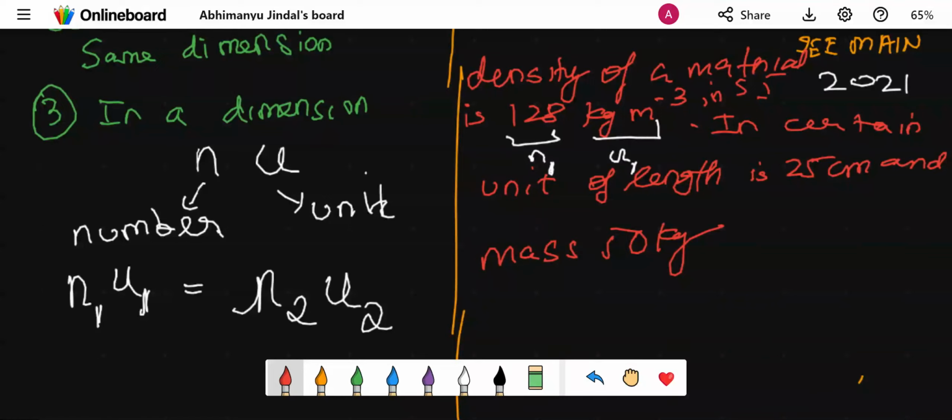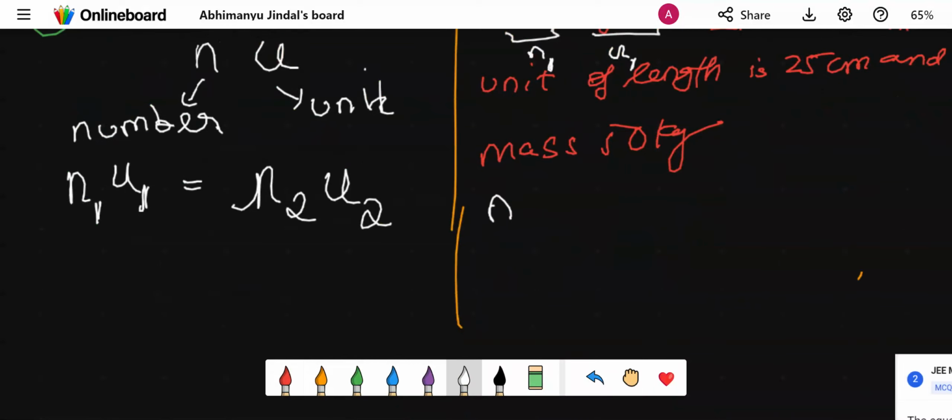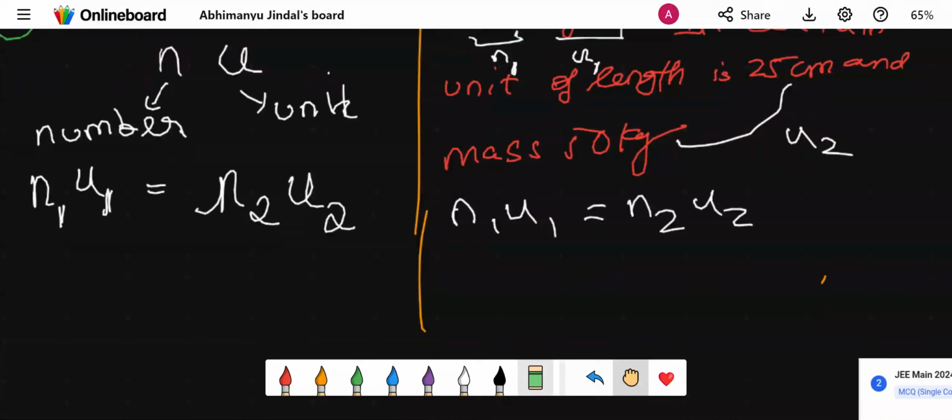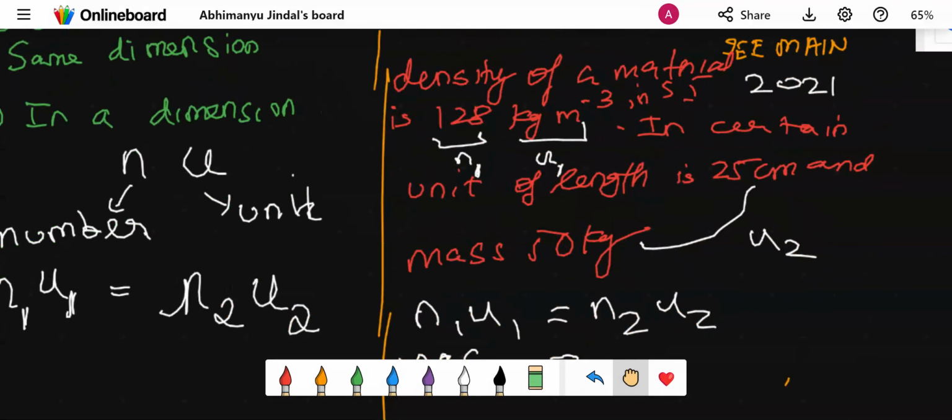So now let's see how you tackle this. Right now I just showed you n1 u1 equals n2 u2. So here these two constitute u2. So when I write down, I say n1, which is 128, and u1. Now what was u1? u1 was kg by meter cube.